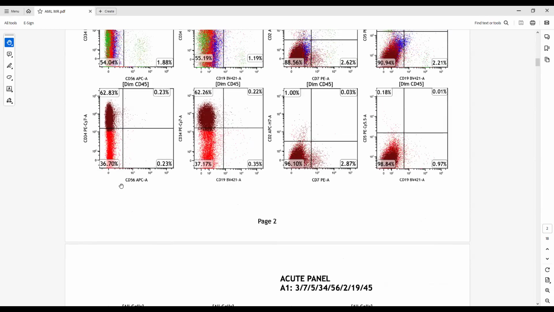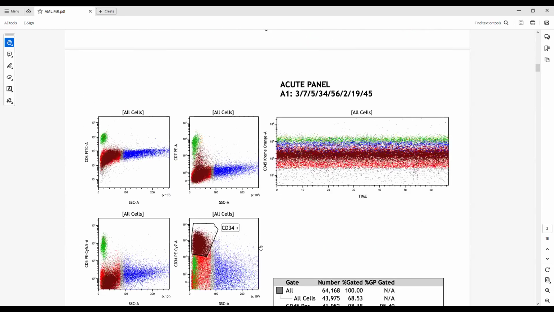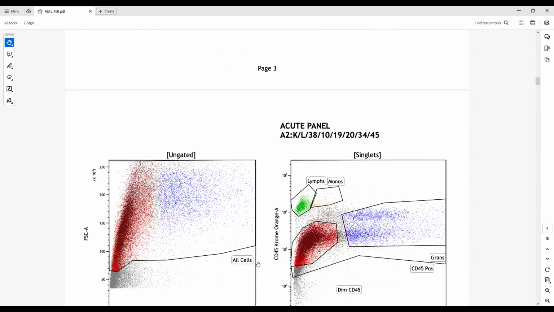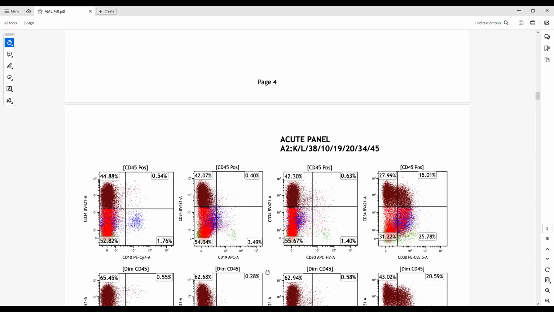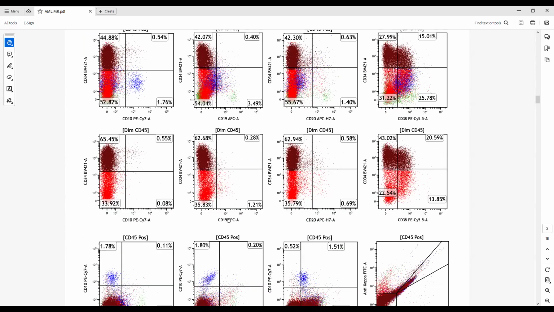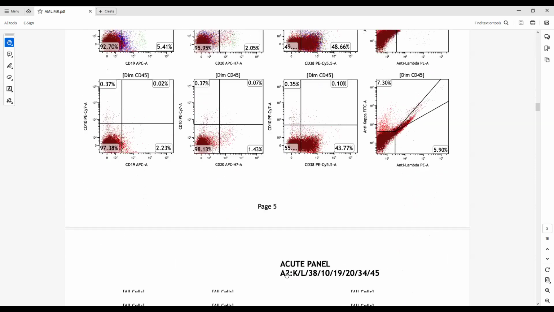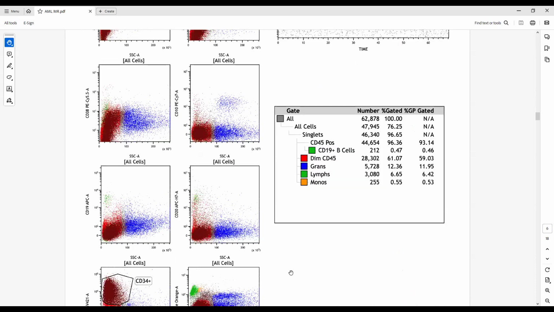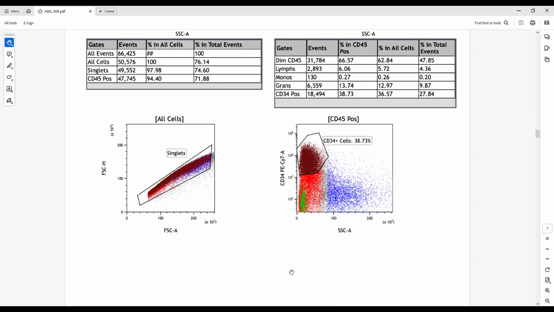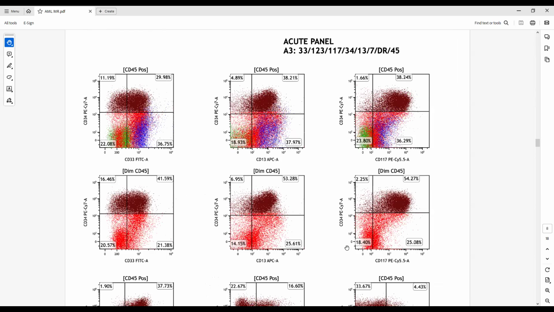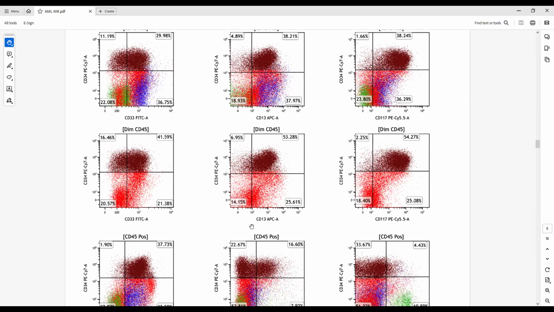CD19 and CD56 are negative as well. Here, CD19 and CD20 and CD10 are negative, and CD38 is dim. This population is positive for myeloid markers, including CD13, CD33, and CD117.